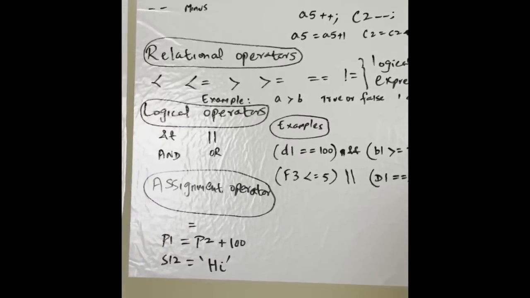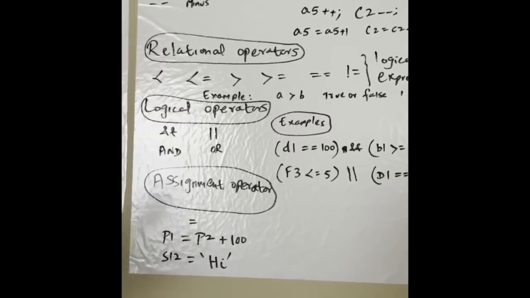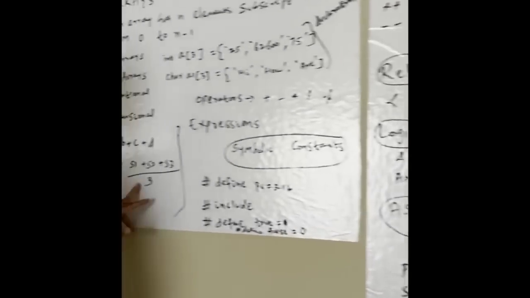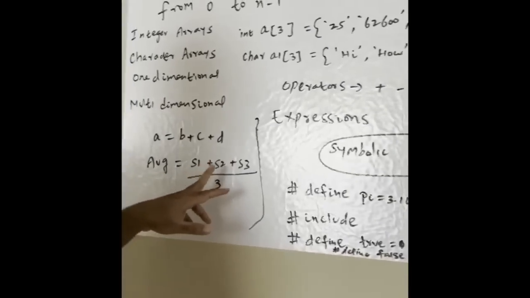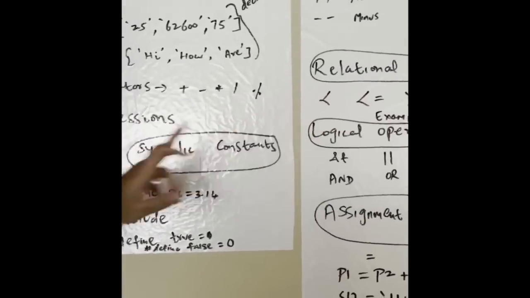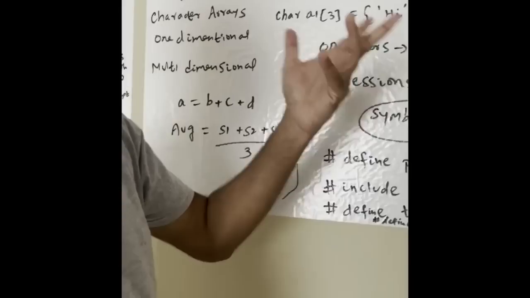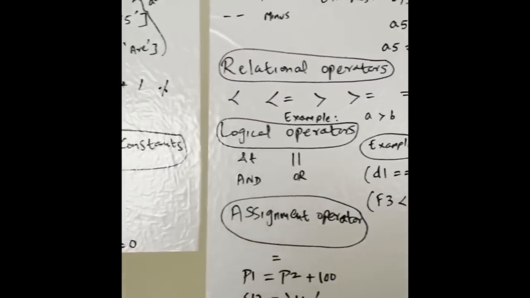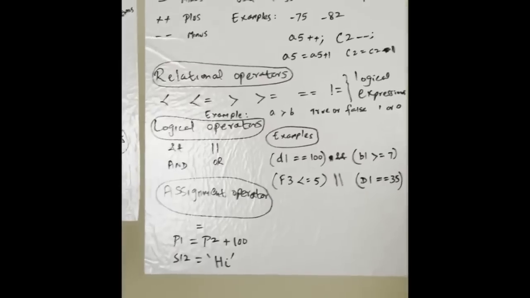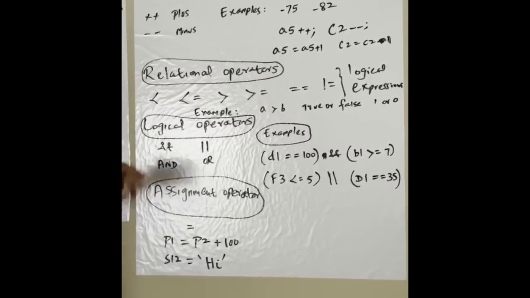Next, we'll talk about the relational operators. You saw an expression here, right? You can use these relational operators in the expressions. Like if average equal to 5, do this. If average equal to 10, do this. That's where the loop control comes in. We'll talk about all this later.